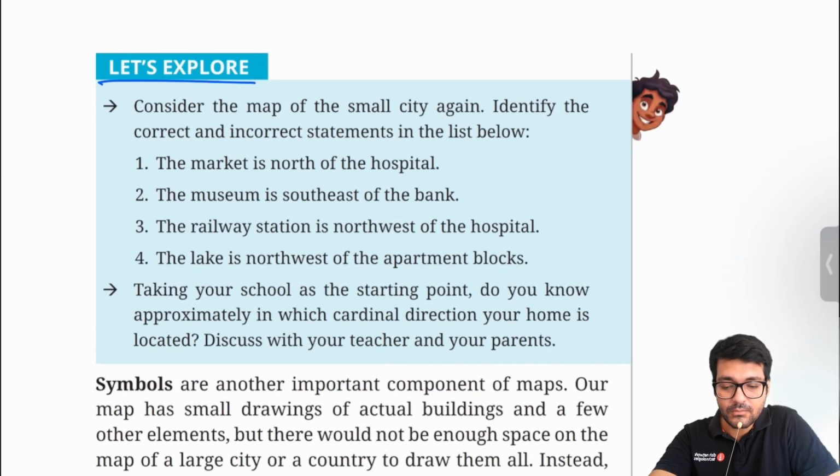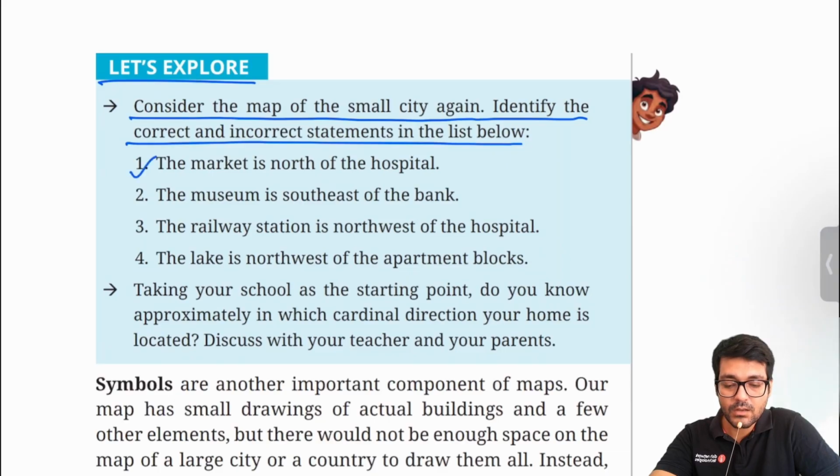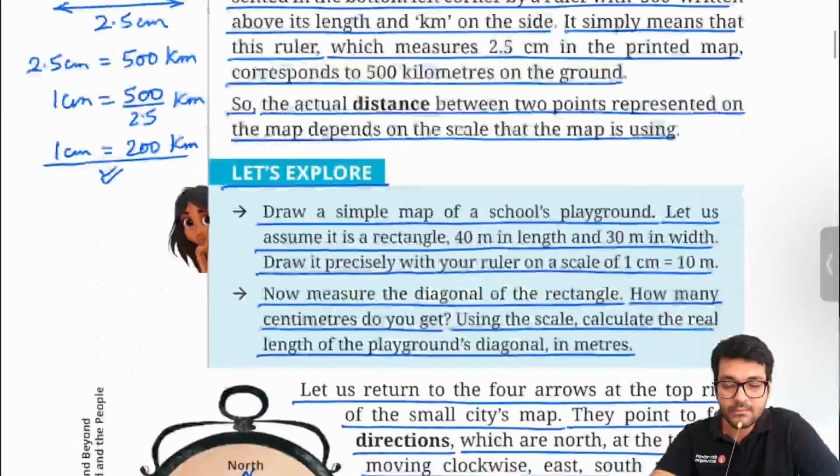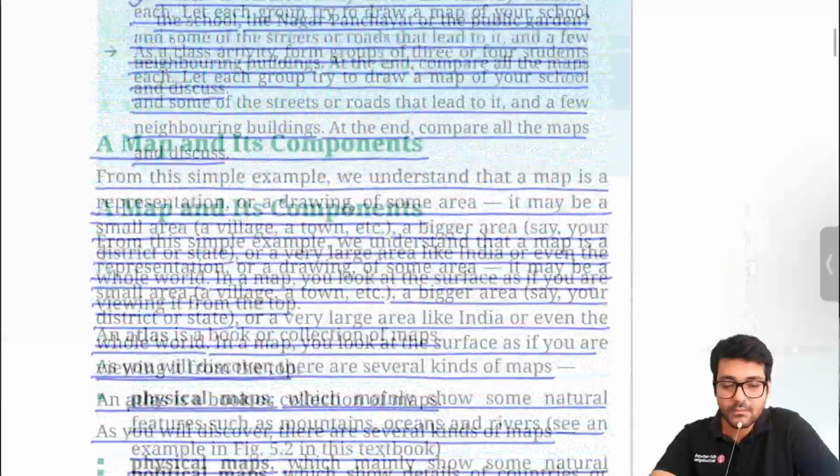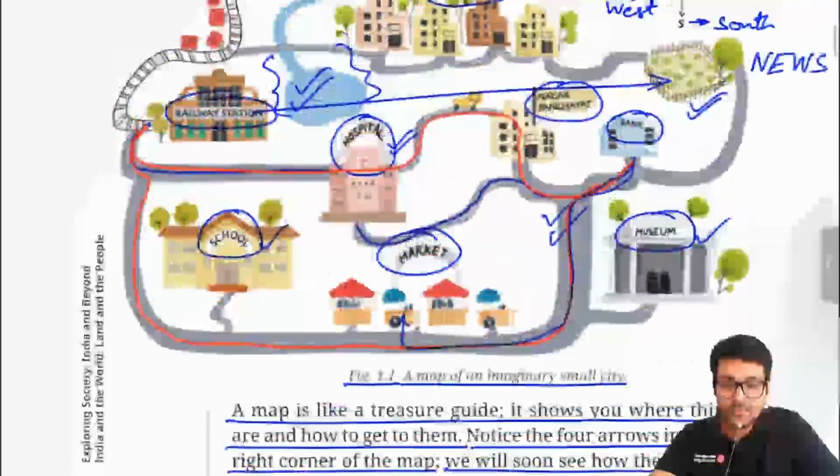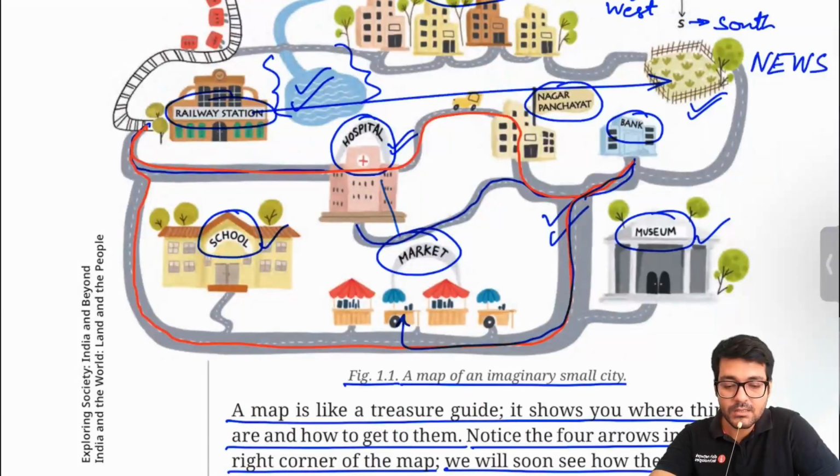Let's explore. Consider the map of the small city again. Identify the correct and incorrect statements in the list below. 1. The market is north of the hospital. You can see here the market is in the south of the hospital.